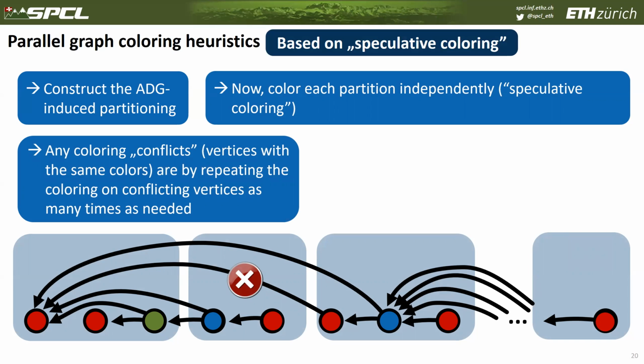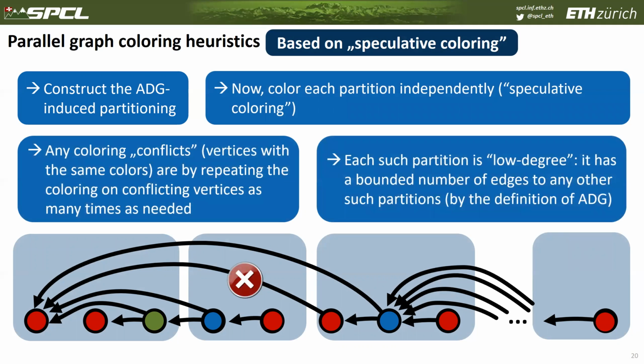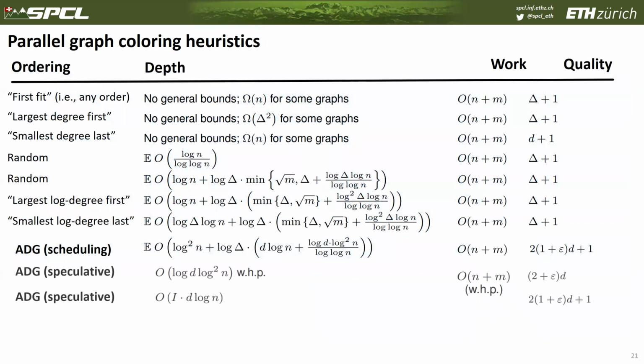And our paper proved that, using some randomization techniques, with a certain selection of the parameters for this coloring scheme, this is also going to happen fast with high probability. So then we also can get some interesting bounds. Namely, in our main ADG speculative scheme, we have a depth bound that holds with high probability, which is equal to log degeneracy times log square of n.